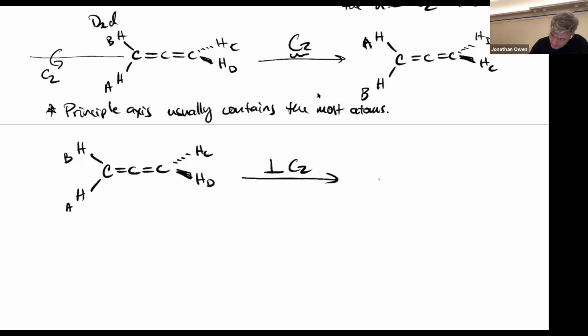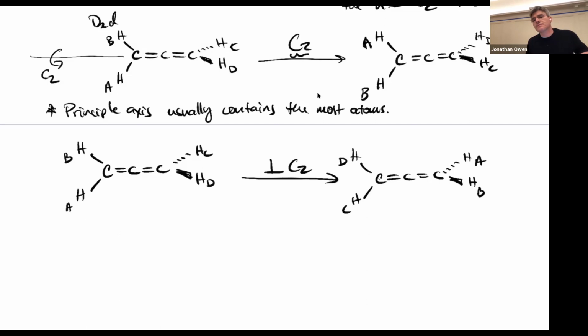Let's just draw it out like this. I said B is becoming D, C is becoming A. And where is the other one? Well, the other one's going to be 90 degrees away from that one.